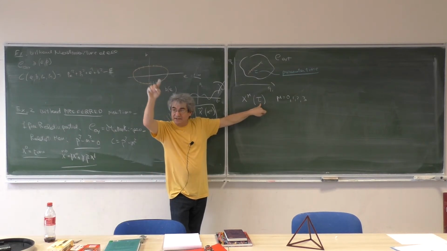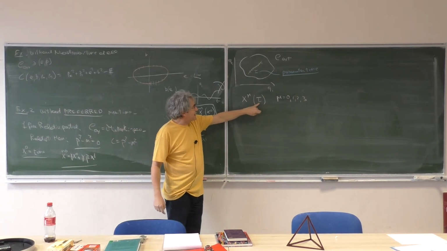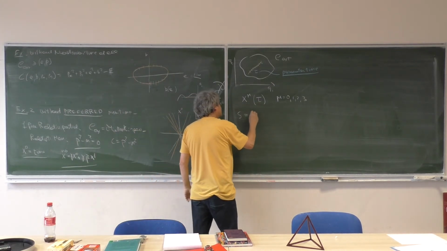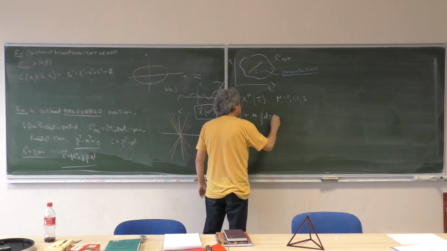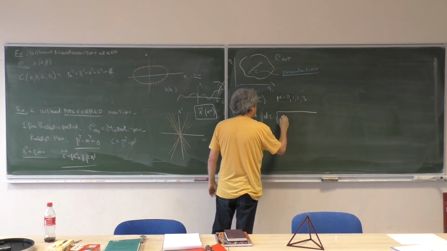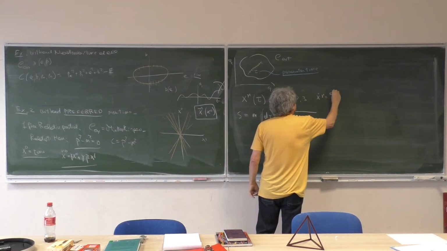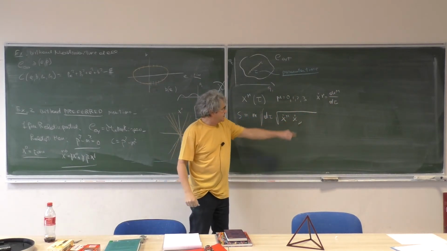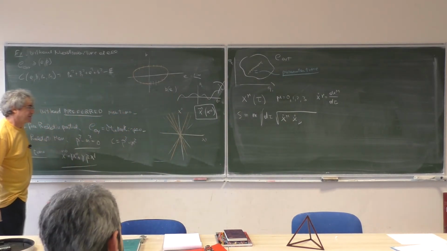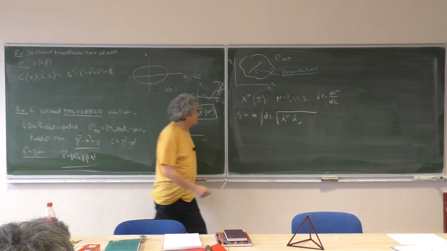And we can write an action for an evolution in tau of this, and you know the action is m, the integral in d tau, square root of x dot mu x dot nu, where x dot mu is just the derivative dx mu over d tau, and indices are lowered and raised with a Minkowski metric.